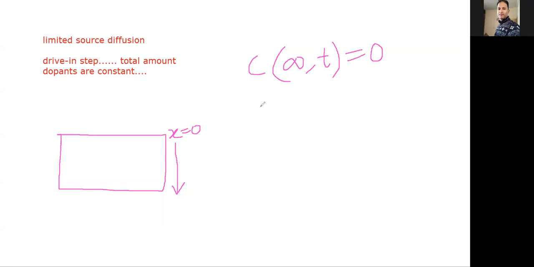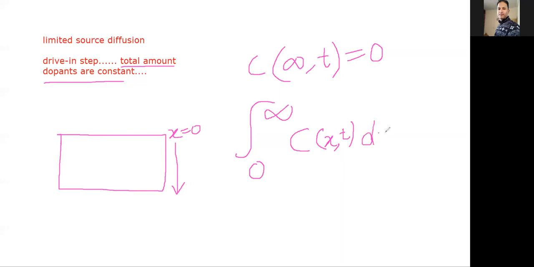Then interestingly, as we have noted, our total amount of dopants is constant. So for the total number of dopants, we can integrate the concentration function, which is dependent on depth and time, with respect to depth, ranging from 0 to infinity. 0 means surface and infinity is a hypothetical point where your concentration falls to 0.